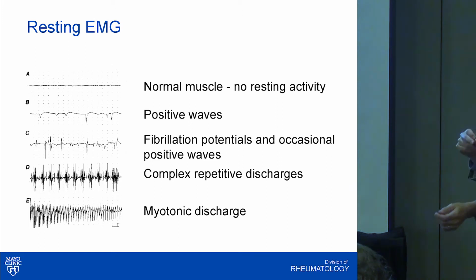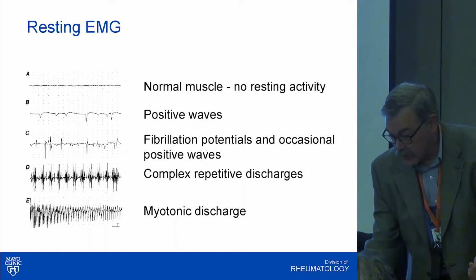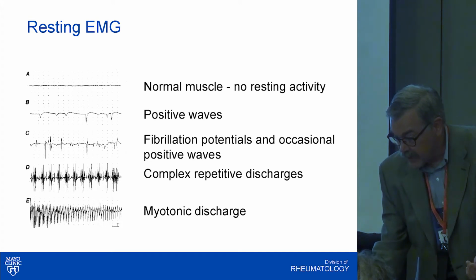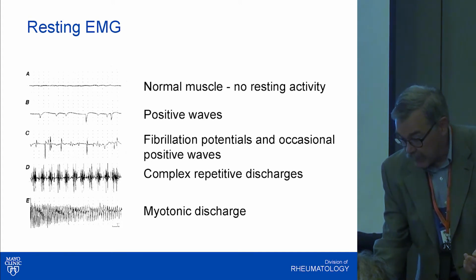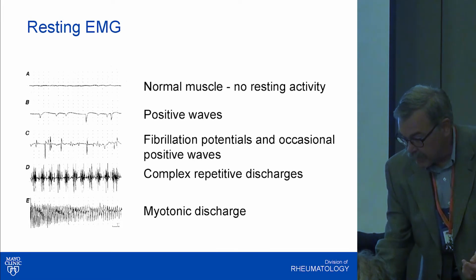So at the top, this is what happens. They usually stick the needle in and record the activity as it's being inserted. Then they record activity when the needle is in the muscle and at rest. And normal resting muscle should be electrically quiet. That is shown here. There's really no activity. In patients with inflammatory myositis, we see this B through D group of things.